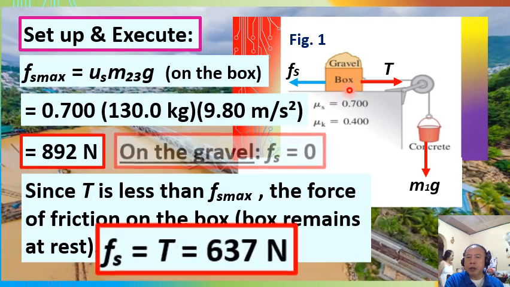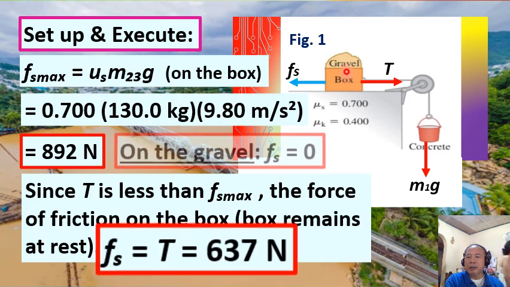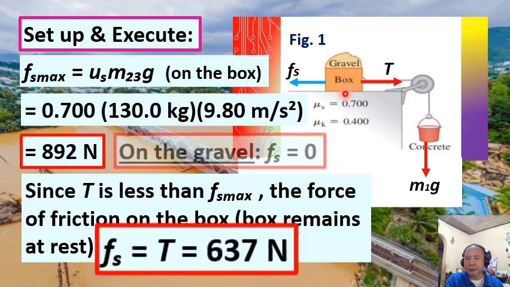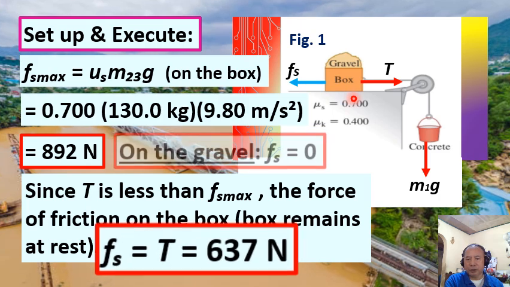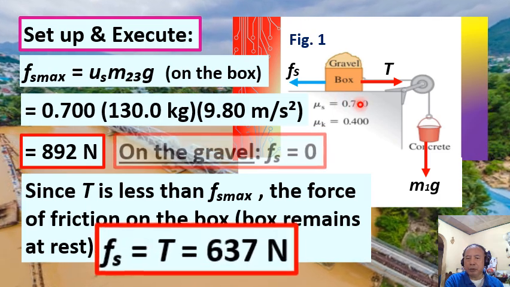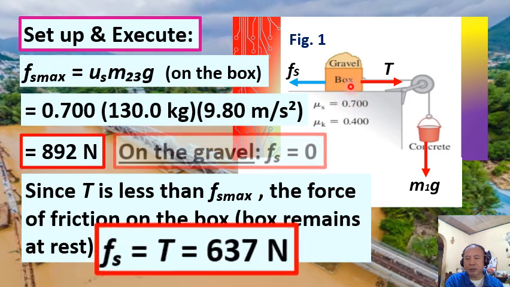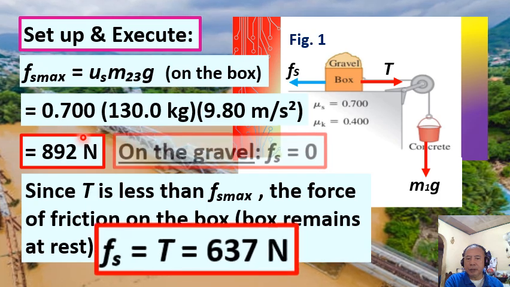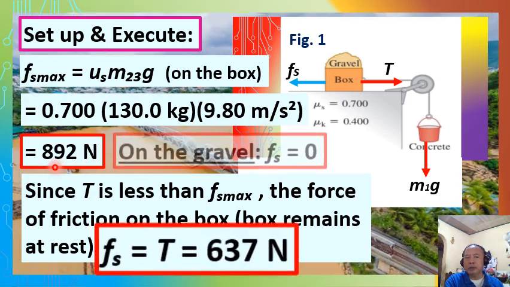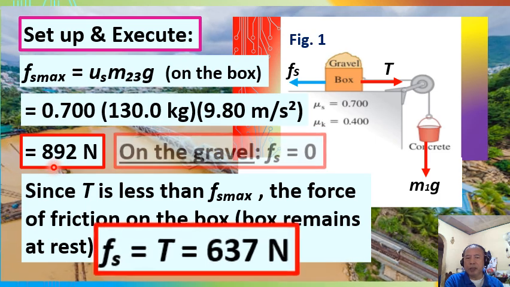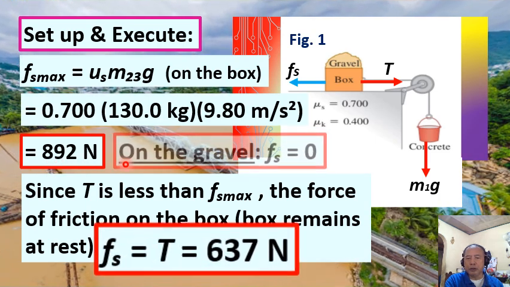Although we included the mass of the bag of gravel in determining the normal force that is exerted by the roof surface on the box, and that is how we were able to determine the maximum static friction equal to 892 newtons.